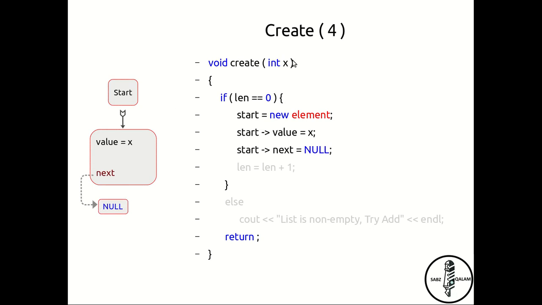We see that here, x was our input, we've updated our value, and start's next points to null. Now obviously, because we are creating a linked list, initially the linked list was empty and start was pointing to null. Now linked list has only one element, so the next has to point to null. And because there's only one element, remember length was initially 0, now length has to be incremented. Okay, that really makes our create function.